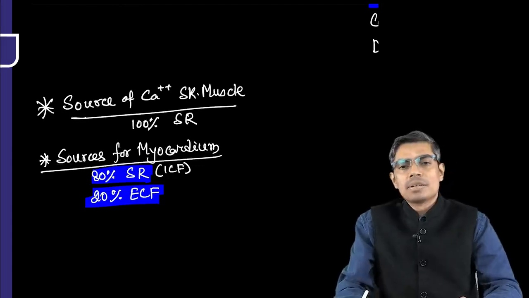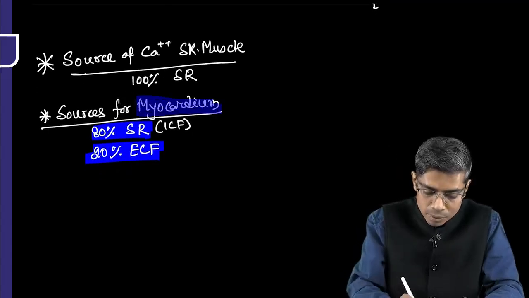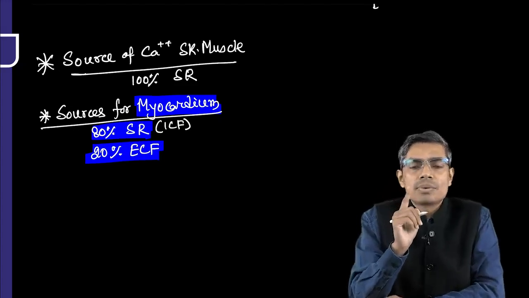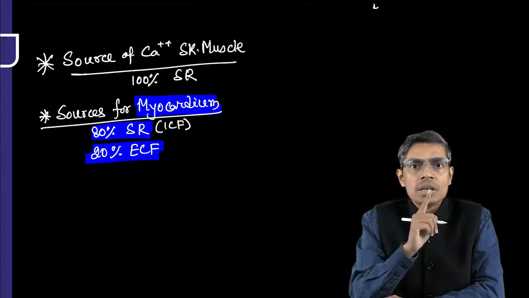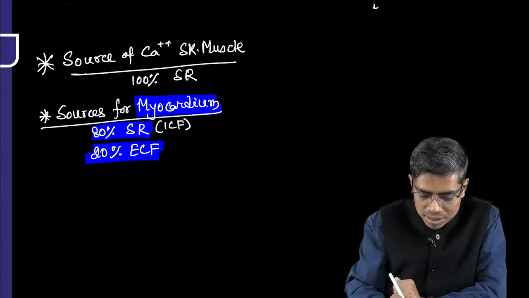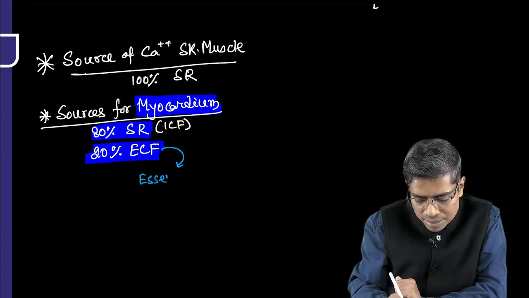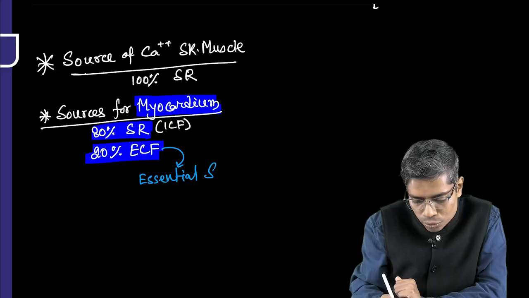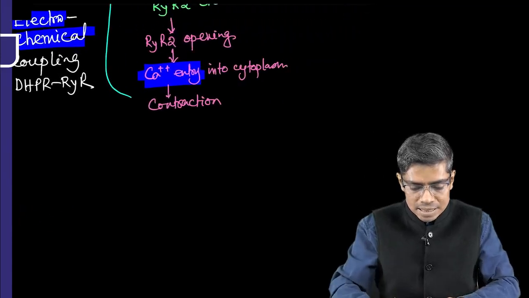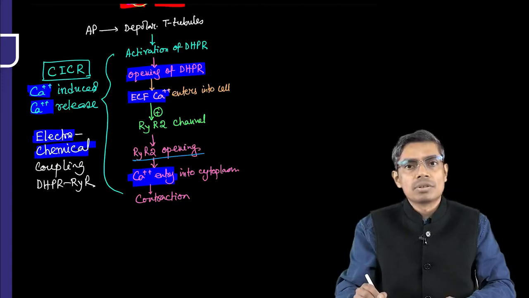But there is a very crucial question. If I ask you, in myocardium, which calcium is the essential source of calcium? Essential source means without that source, the myocardium is not going to contract. Then your answer will be, although this ECF calcium is small in amount, it is the essential source of calcium, because we have already seen that if this ECF calcium is not entering, then the RYR channel 2 opening is also not going to happen.